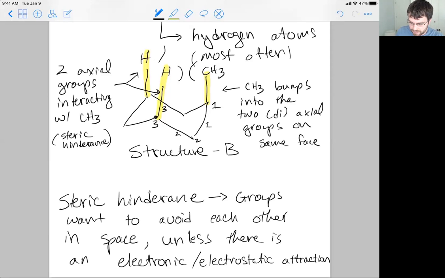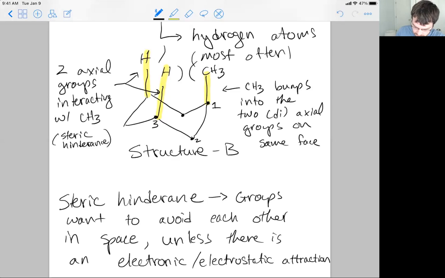So it's a bit awkward. However you want to count it, the 2 hydrogen atoms that are on the same face and that are also axial are 3 bonds away from that methyl group. Well, I guess not even 3 bonds. It's 3 atoms. It has to be. Yeah, so we have 1, 2, 3 atoms away are the interacting groups.